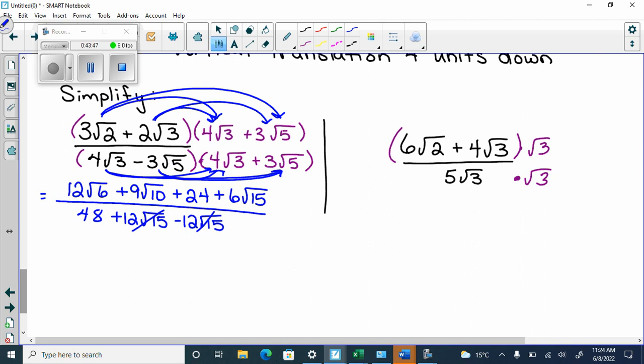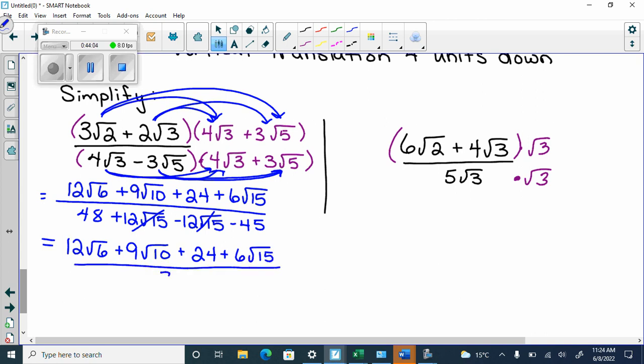Not a chance. Negative 3 times 3 is negative 9 times 5 is negative 45. So we're going to get 12 root 6 plus 9 root 10 plus 24 plus 6 root 15. And if the roots can reduce, we do, but they can't. And then over 3. Can we take anything out of every single term?